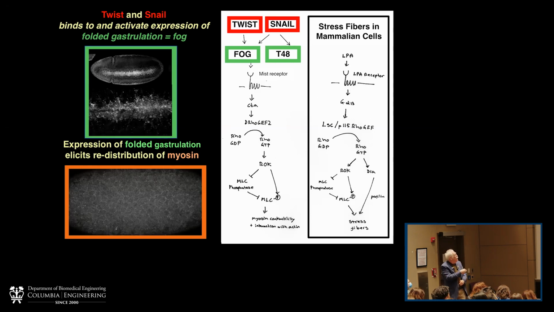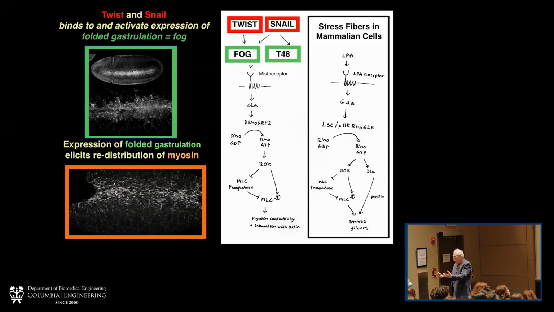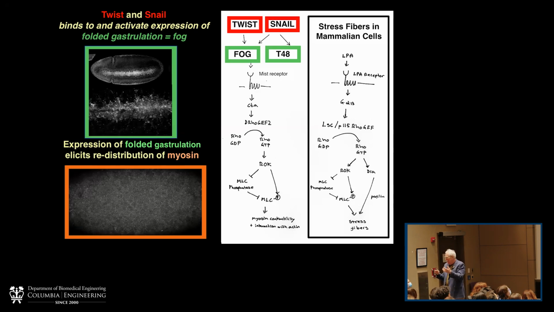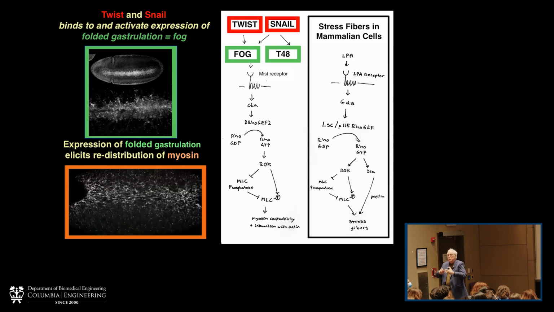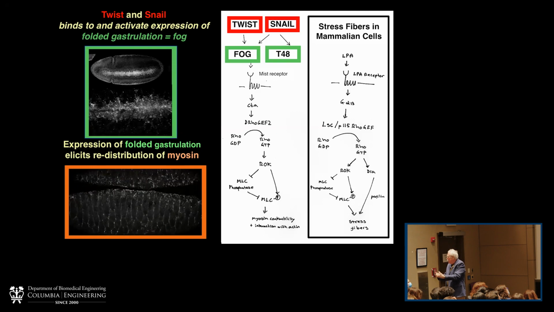T48 is also rare. The rest of the pathway is just this conserved machine that operates in cells. It's the same pathway that drives stress fiber formation in cell cultures. These two genes are also conserved. So fate determinations and the machinery to achieve morphological change are conserved.